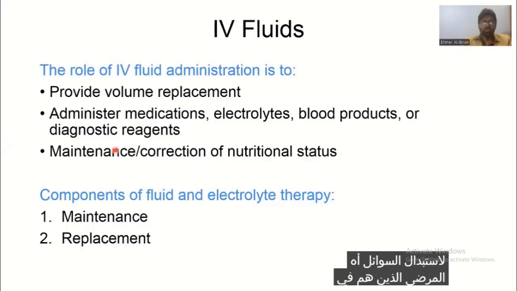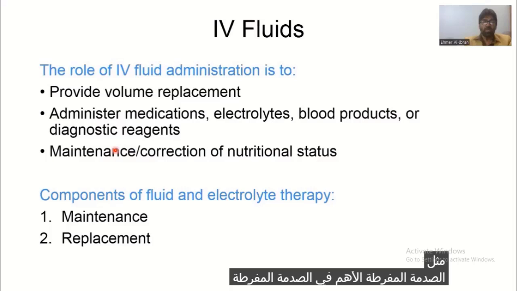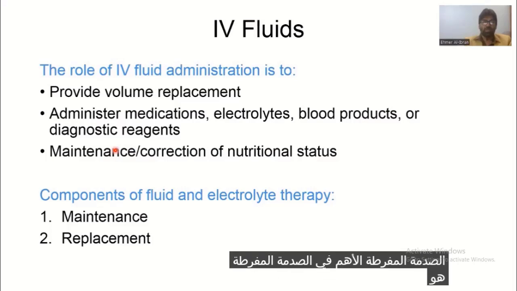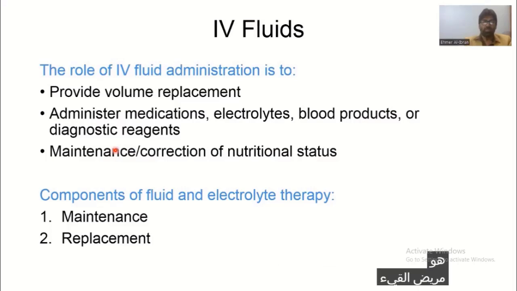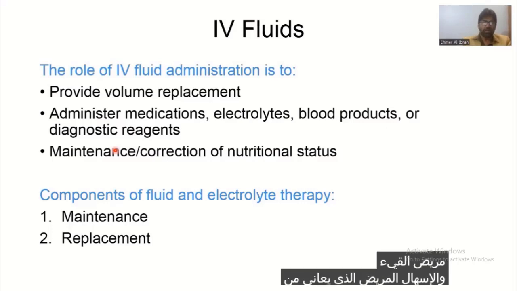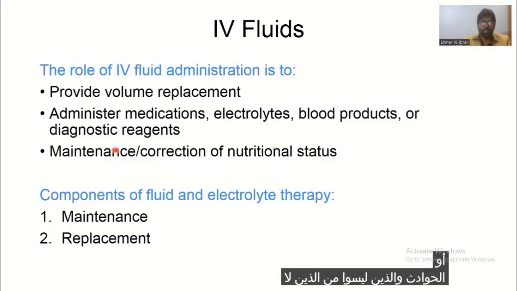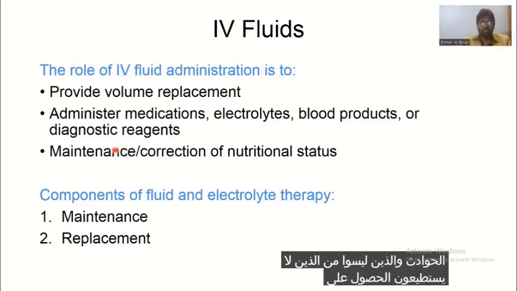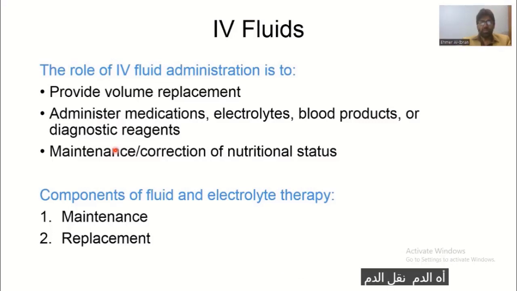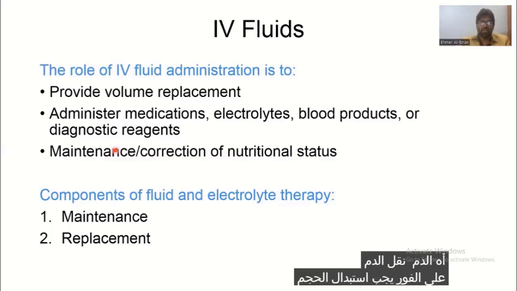Those patients who are in shock, like hypovolemic shock. The most important in hypovolemic shock is the patient of vomiting and diarrhea, a patient who is suffering from burn injury or accidents, and those who cannot get blood transfusion immediately.